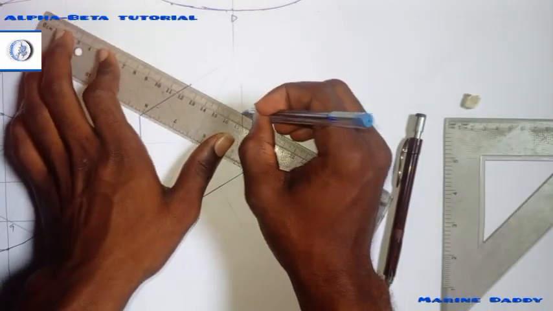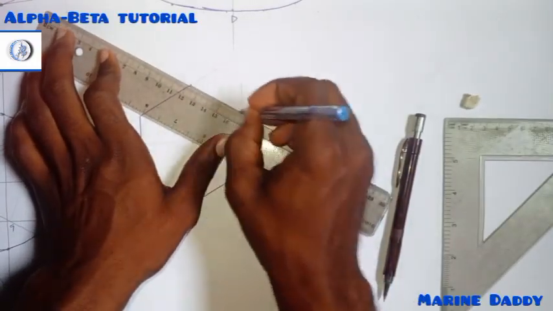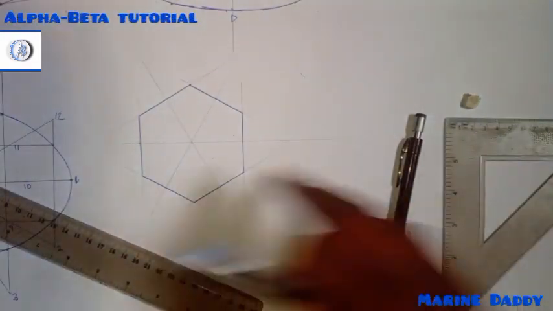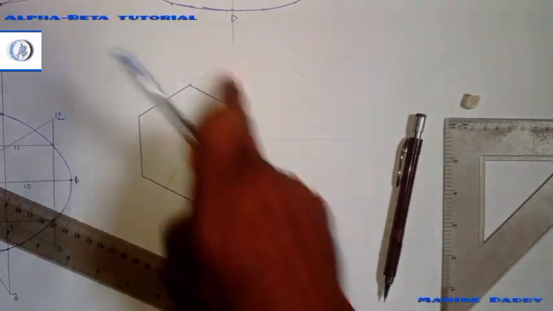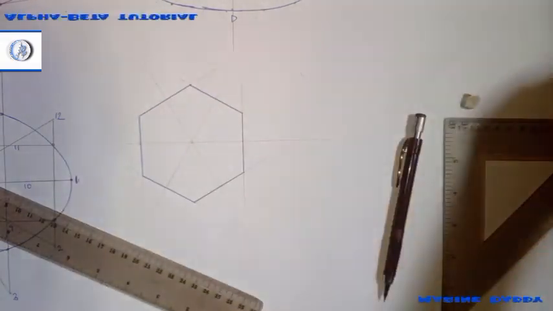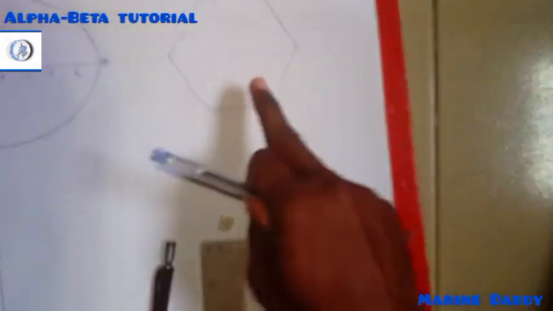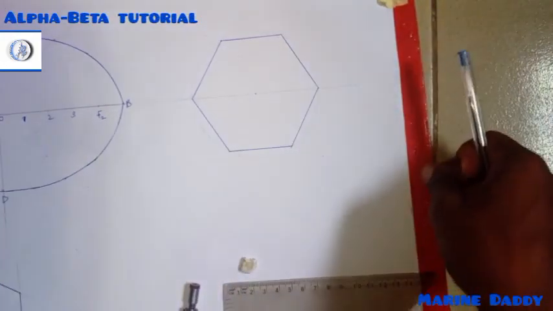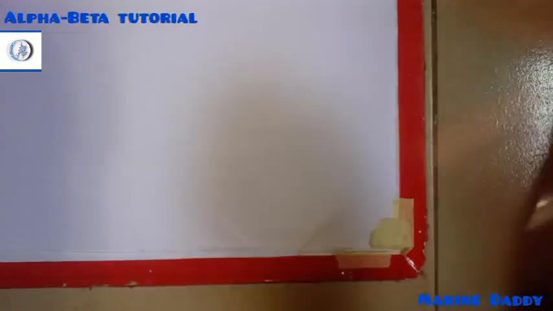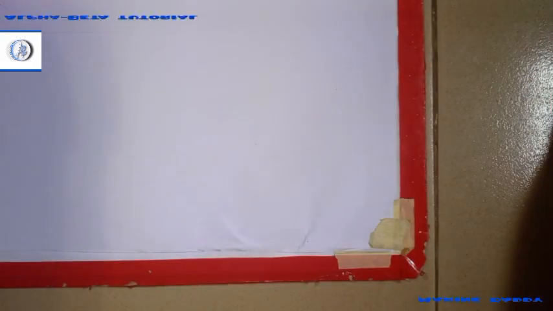Like this. And this is it. Distance across flats. This is a construction of a hexagon across corners. We need to learn how to construct the general method, right? General method of constructing polygons.